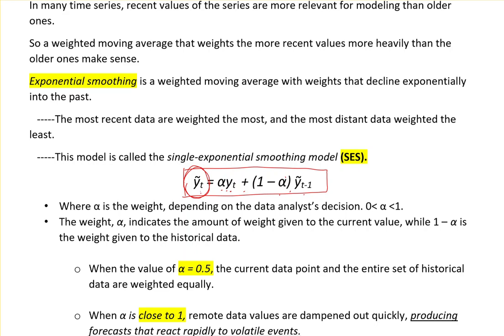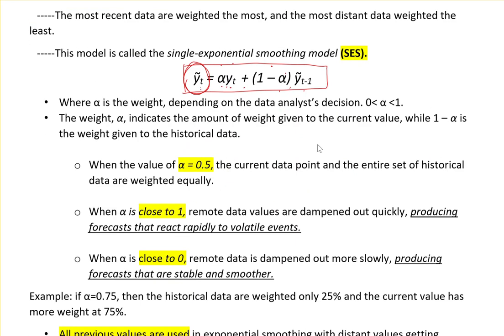So it's the same thing: we have the weight and the corresponding value, the weight and the corresponding value. Let's get some general idea.